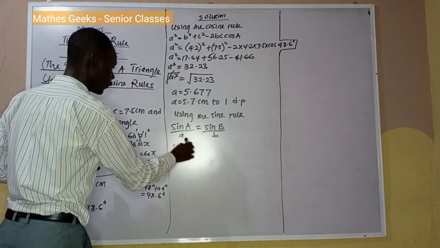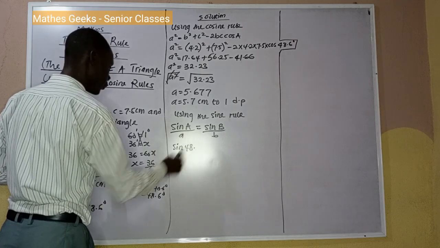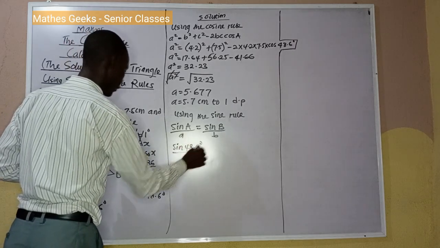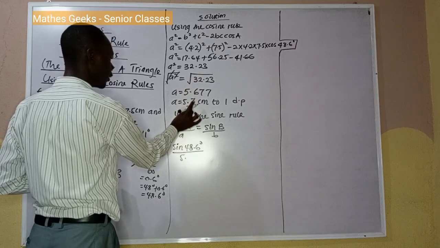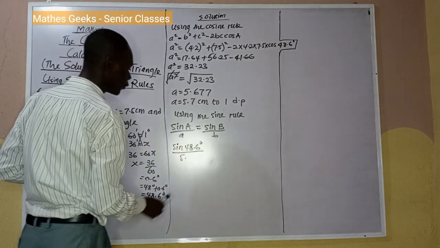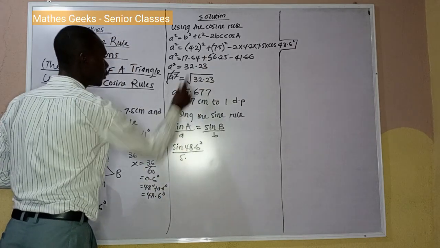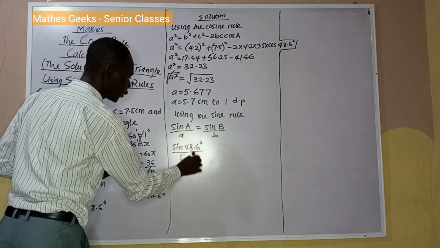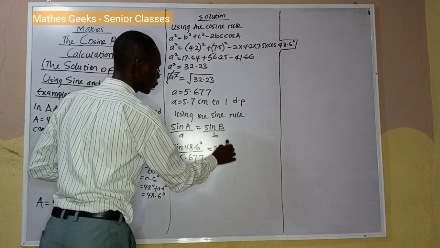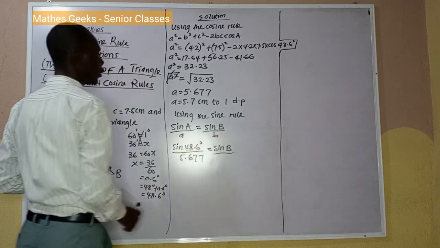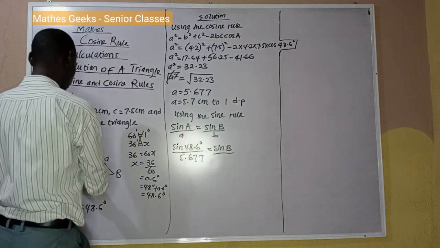Sine 48.6 degrees over A, which is 5.68. I can use this approximated value, but let me use the real value I got from calculation: 5.677 equals sine B over side B, which is 4.2.